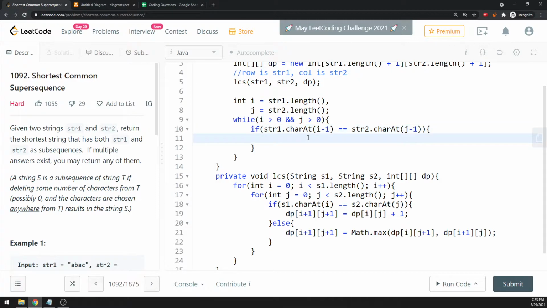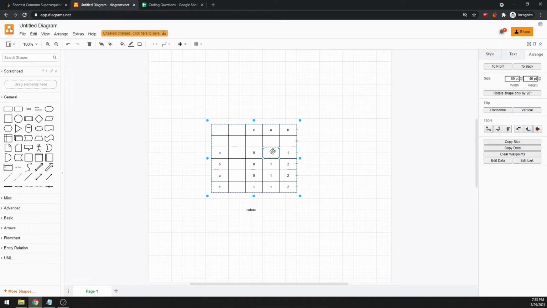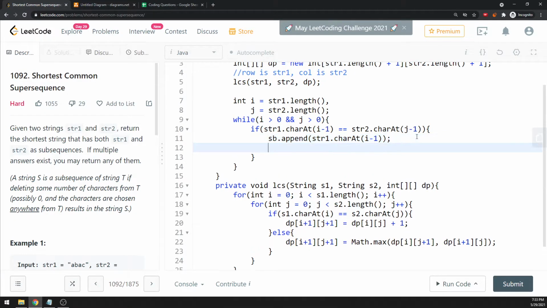So they are the same, so I can just add either one of them, string 1 char at i minus 1. B or B, because I have to move diagonally. When I move diagonally, I have to subtract the row by 1 and the column by 1 to get to this position, so i minus minus and j minus minus.